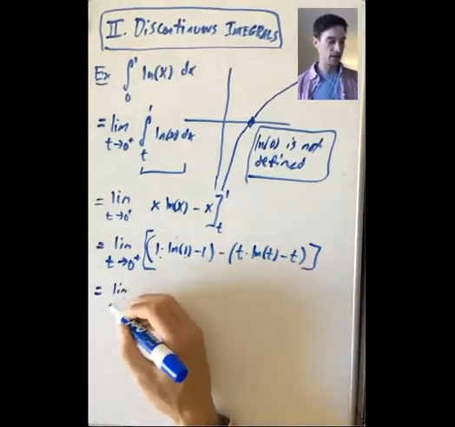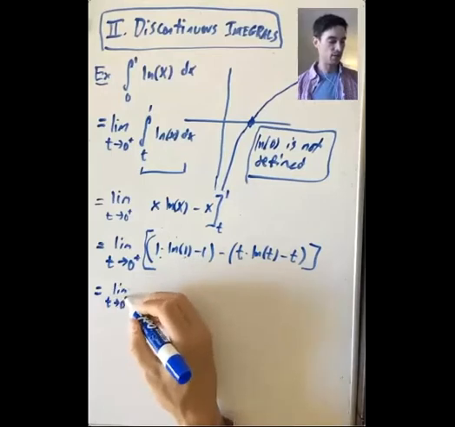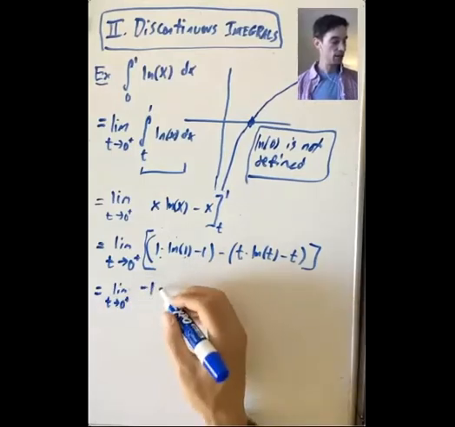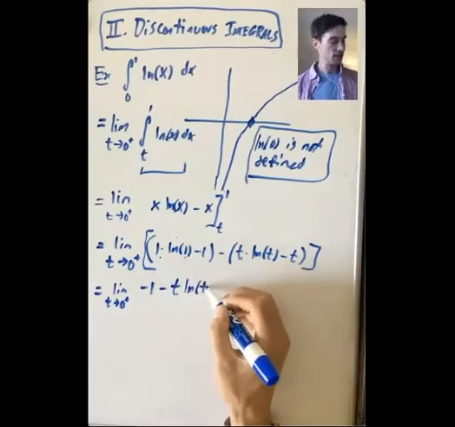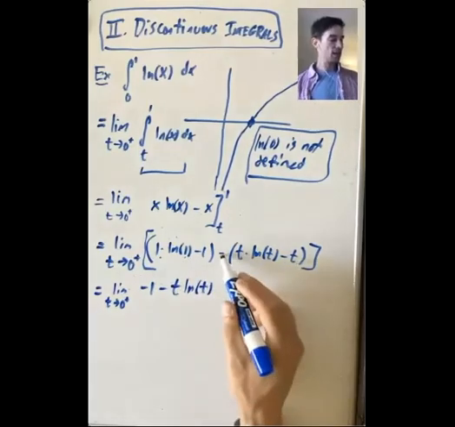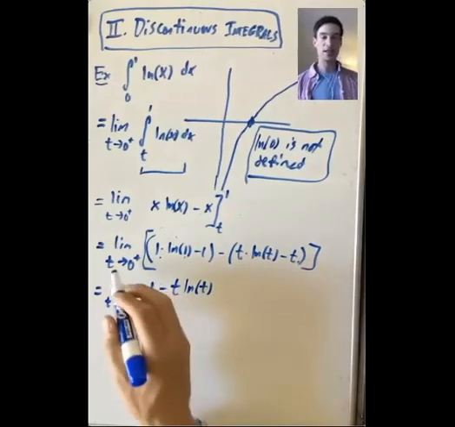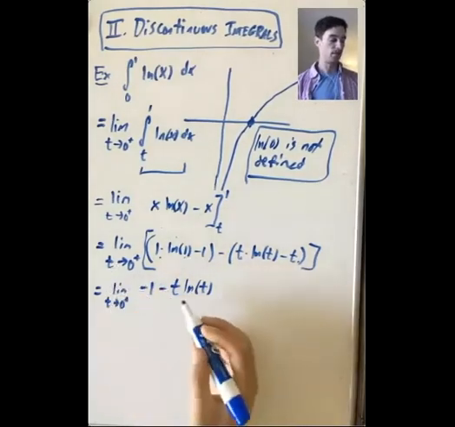So we have the limit as t goes to 0 from the plus direction of -1 minus t times natural log of t. And then this minus t is a plus t, but t is going to 0, so that goes to 0.